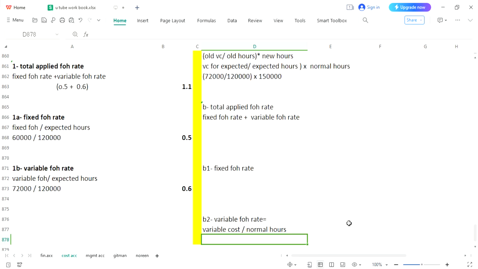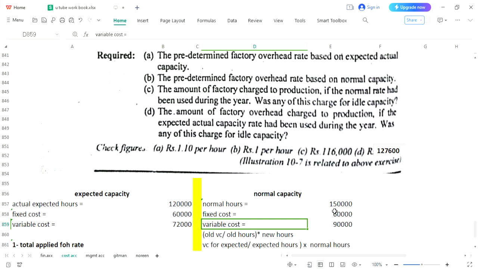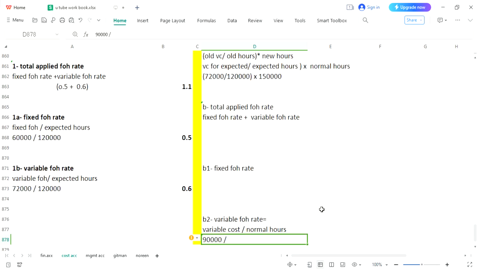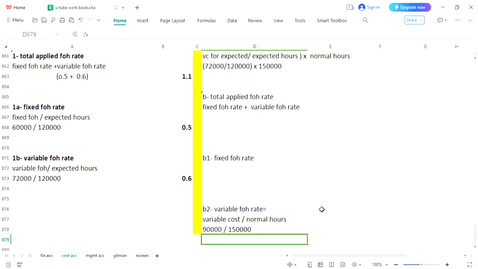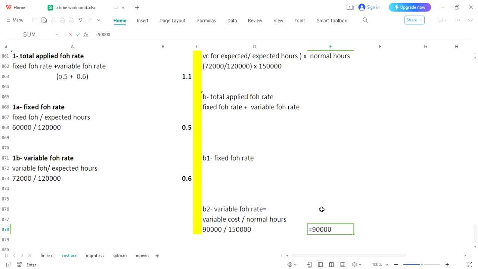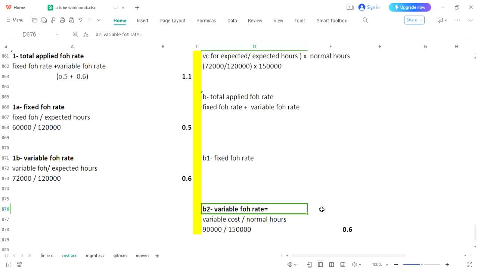So put 90,000 over here and it is supposed to be divided by normal hours mentioned over here, 150,000. Statement completed. Now we can put it on our calculator. 90,000 divided by 150,000. So we have our variable FOH rate based on normal capacity.